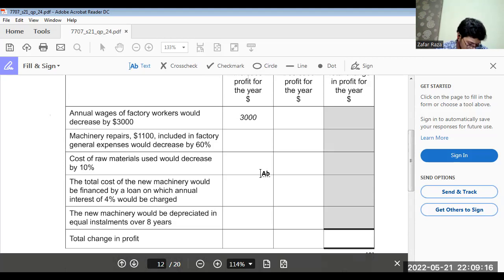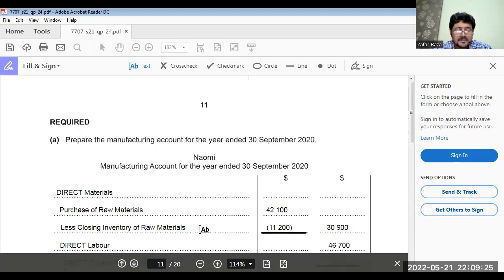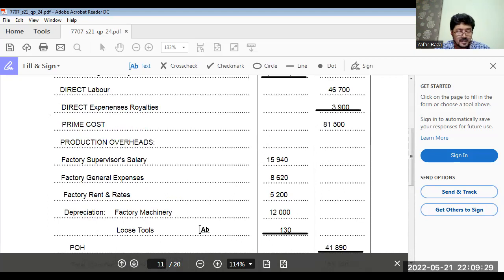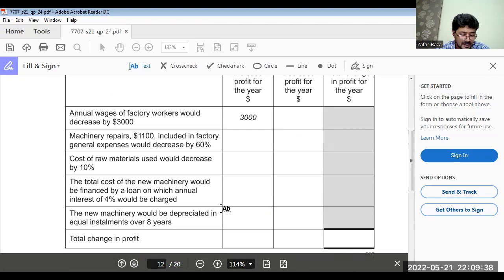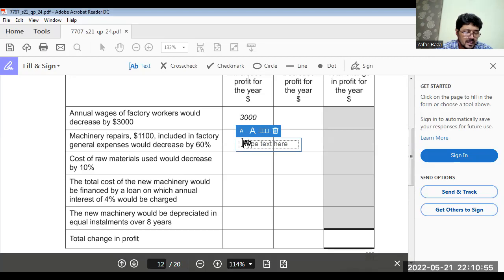So 1,100 multiplied by 60% is 660. So profit for the year would be increased by 660.